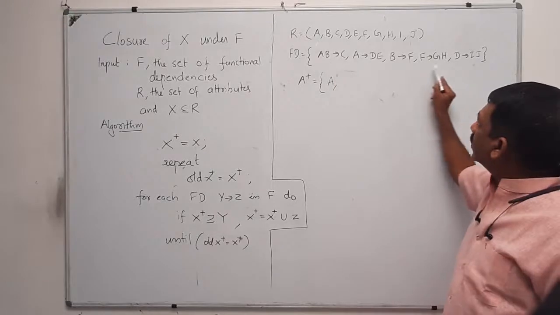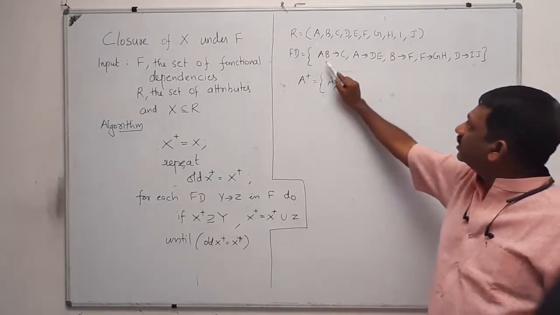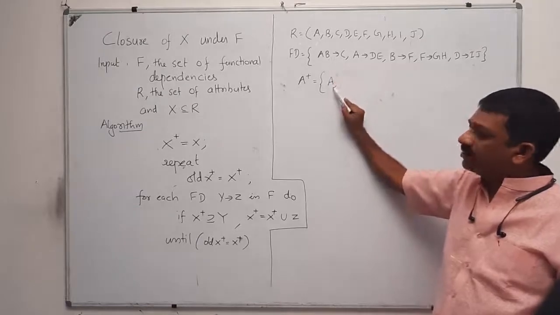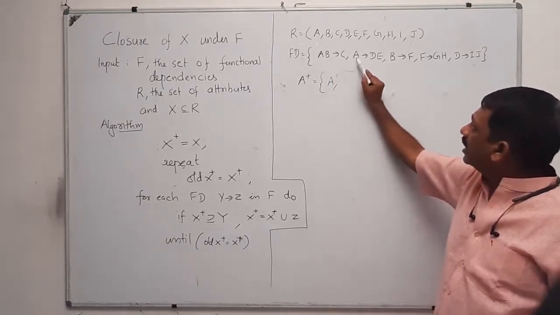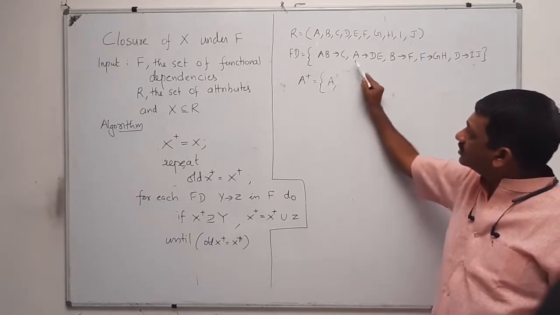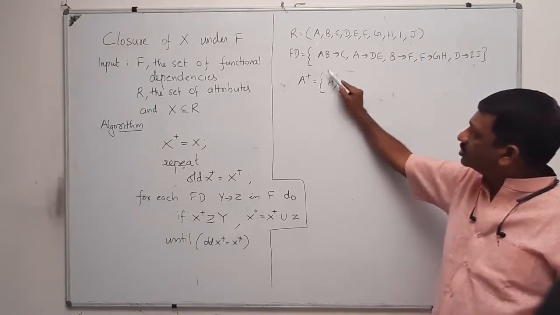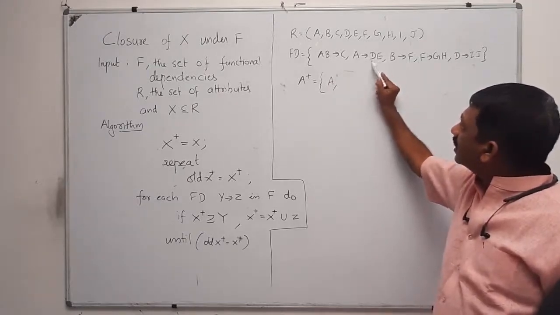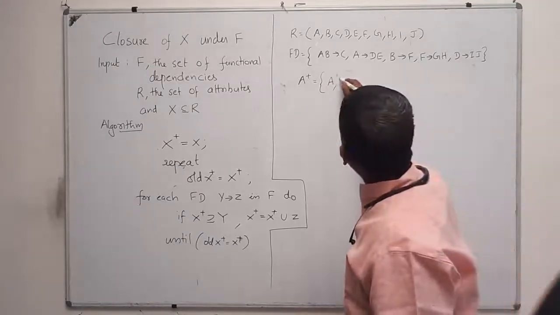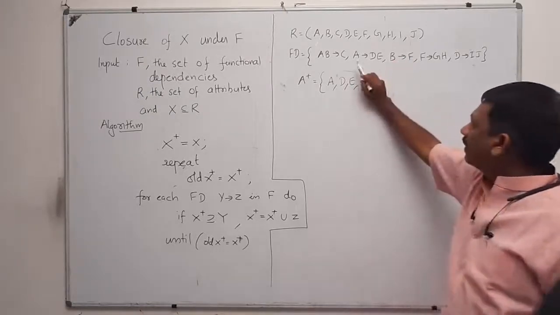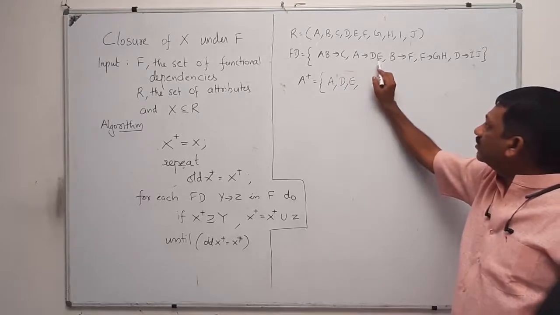So look for A on the left hand side. Here A B determines C, so A and B should be there. We don't have A and B here. Here A determines DE. That means this is a subset of this A closure, then you can include the right hand side. That means D and E can be added here.